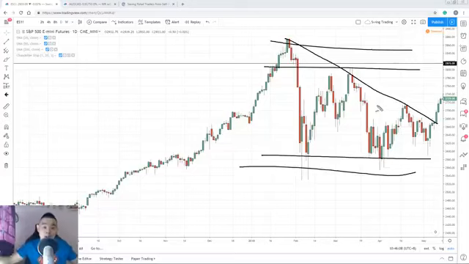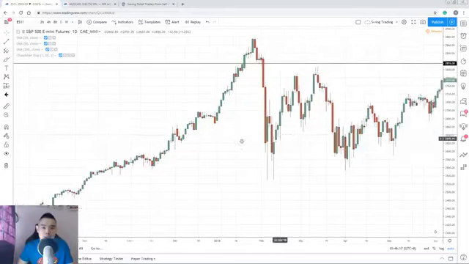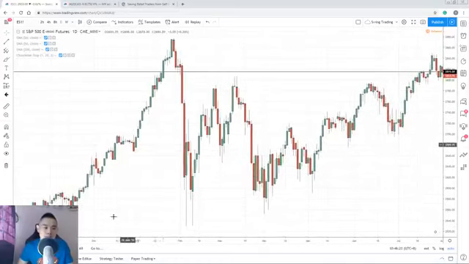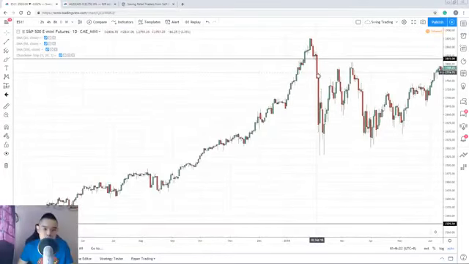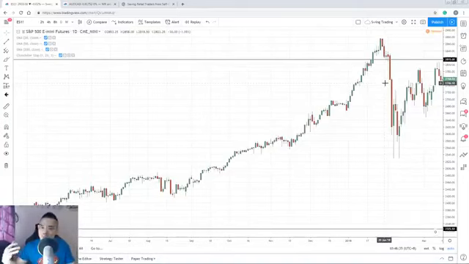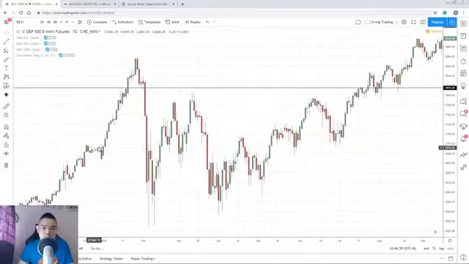Then finally it broke out and continued higher. So when the market makes a large retracement move against the underlying trend or market structure, you should expect that whatever type of trend existed earlier is probably coming to an end, and the market would move into a range. Okay, so this is what happened.